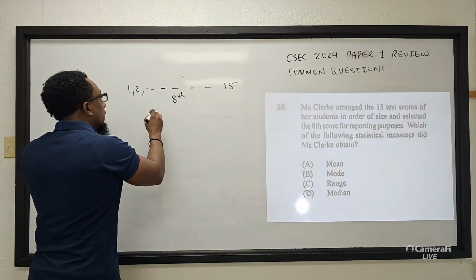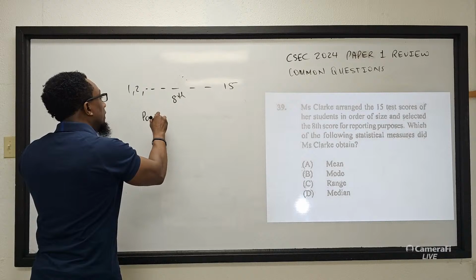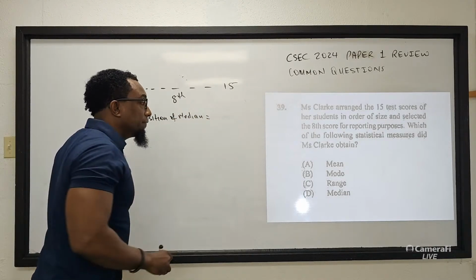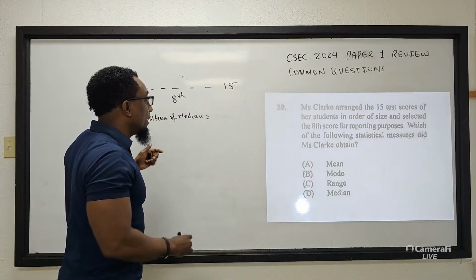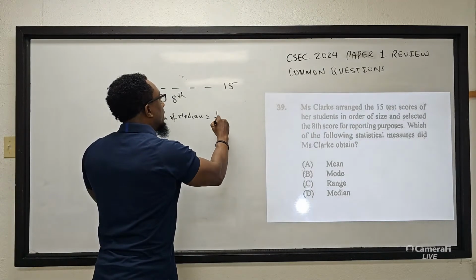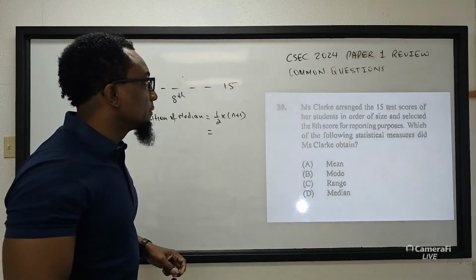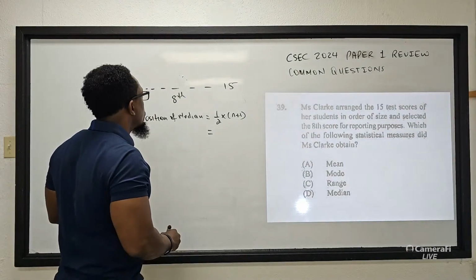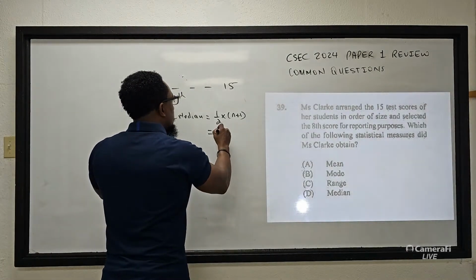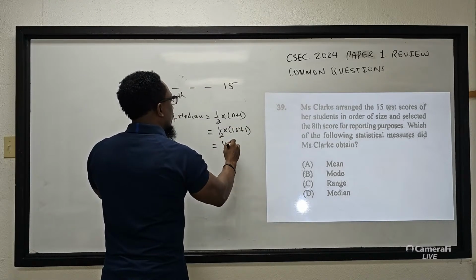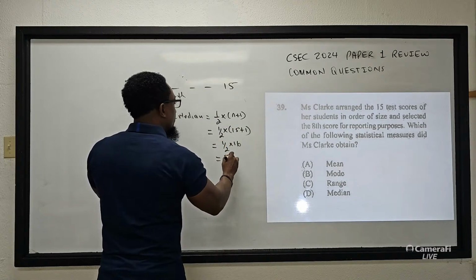Alright? Because we know to find the position of the median, an important formula is used. I'm showing you why, because this will be using the formula a half times n plus 1. So you have 15 test scores. This is a half times 15 plus 1, a half times 16, which will give us 8.